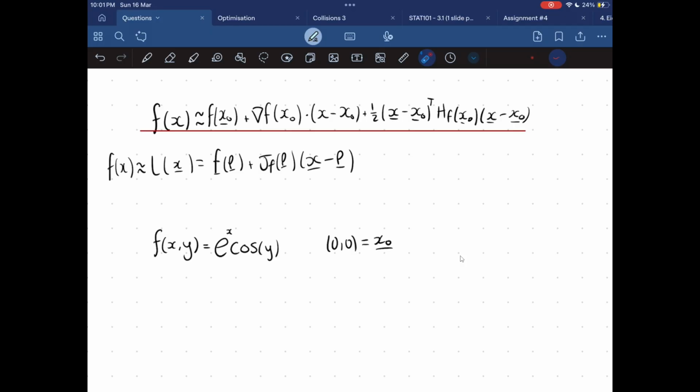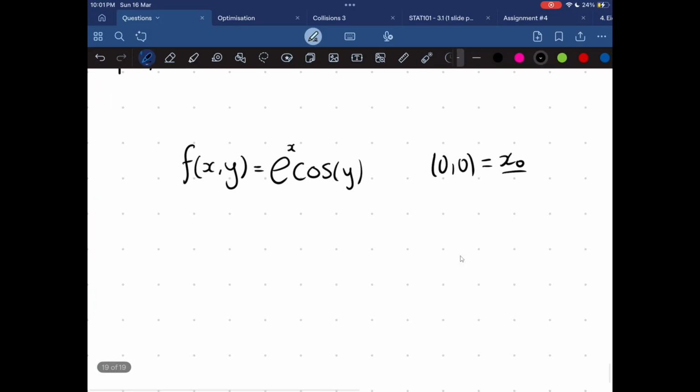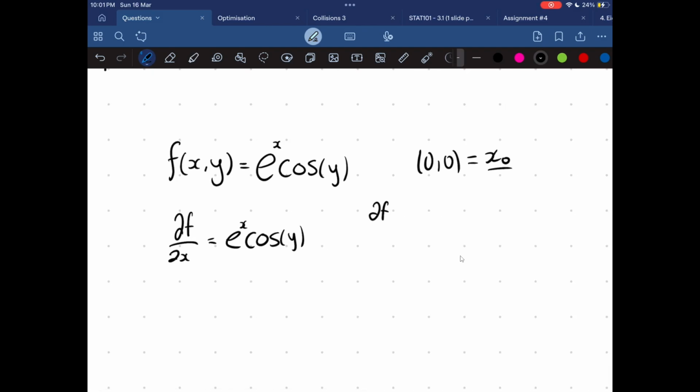The best way to always start these kind of problems off is to take all your partial derivatives. So the partial with respect to x will just be e to the x cosine of y, and the partial of f with respect to y will be negative e to the x sine of y.